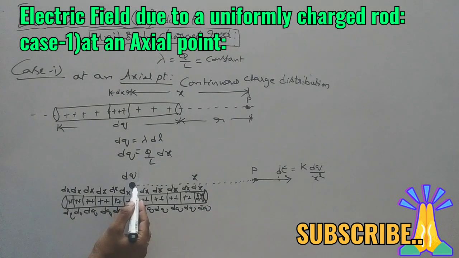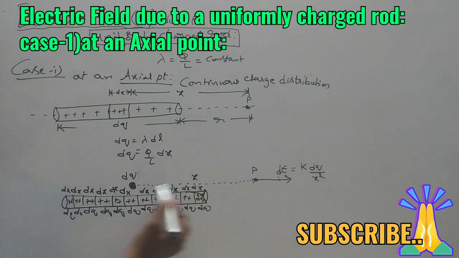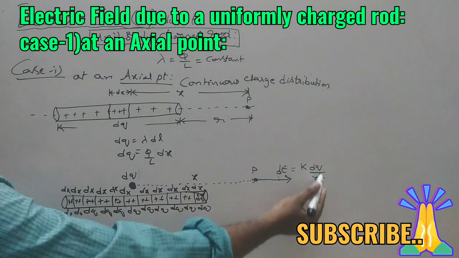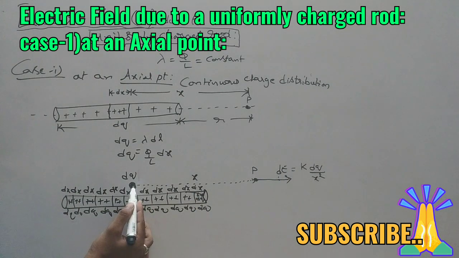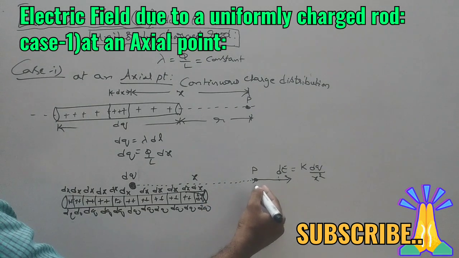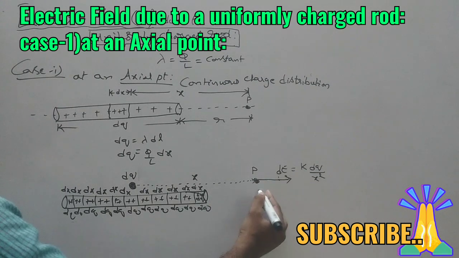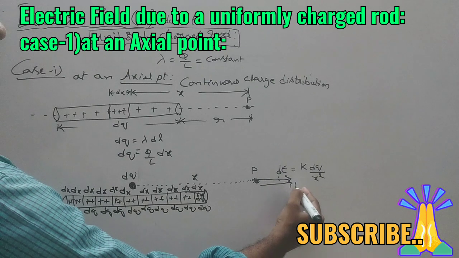If I consider one dq, based on the distance between the charge and point P, k dq by x square is the small amount of electric field produced by this dq. Like that, this dq also acts as a point charge, and at point P it also produces an electric field. Suppose this is dE1.